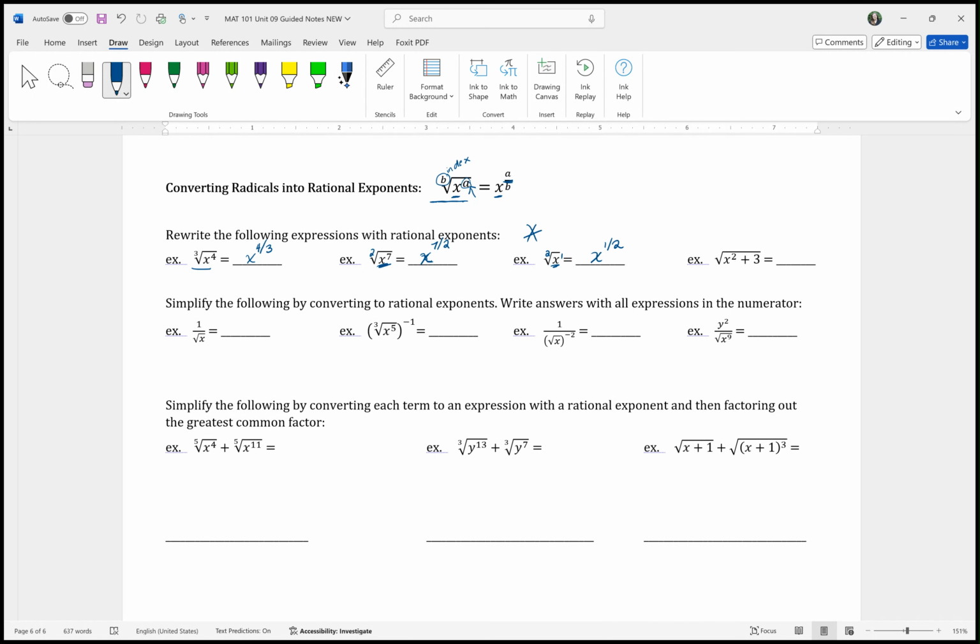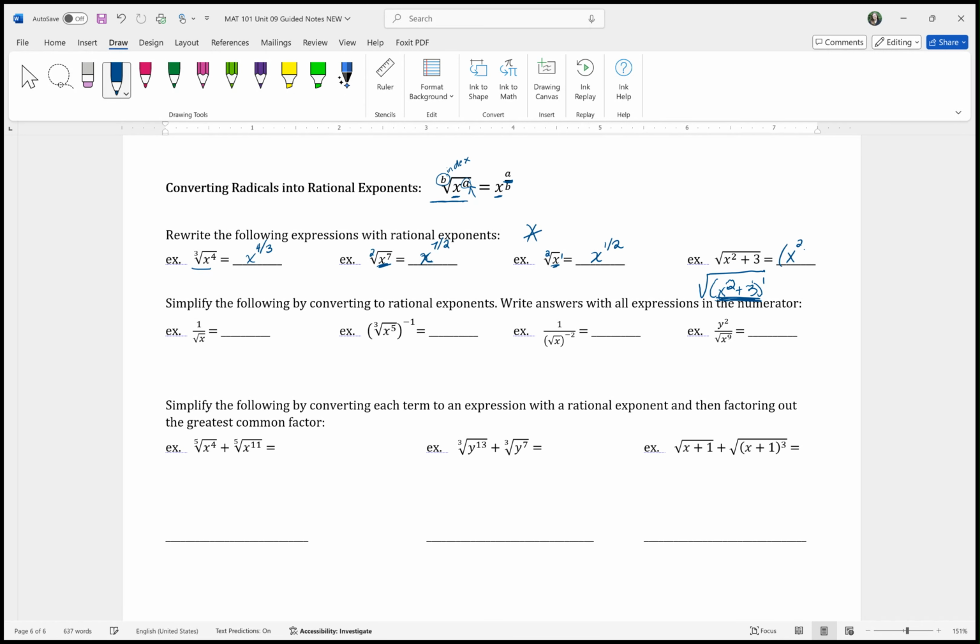Oh, this one's a little trickier because we have an expression underneath this. So you cannot treat this the same way. What I want you to think about here is this is really x squared plus 3 to the first. Okay, I apologize for my pen, but here we go. This is going to be x squared plus 3 to the first. So everything that's underneath there is going to stay.